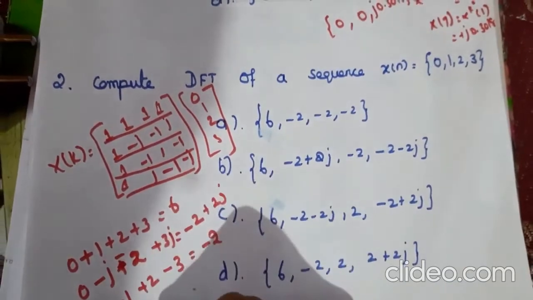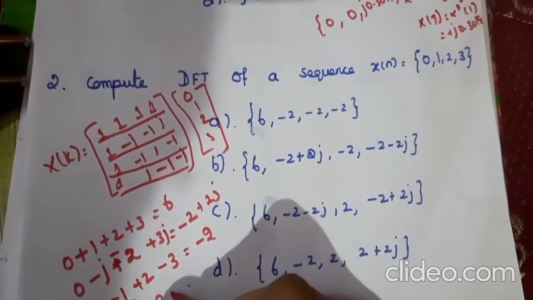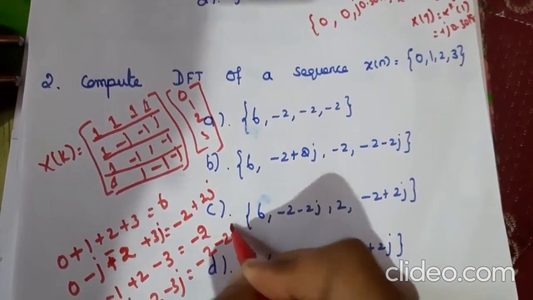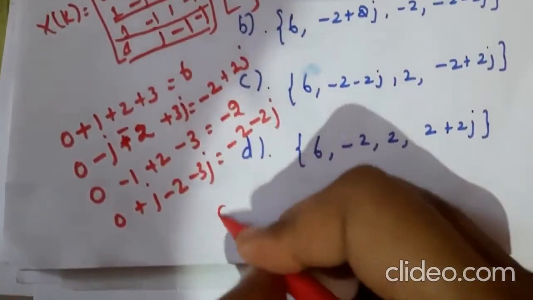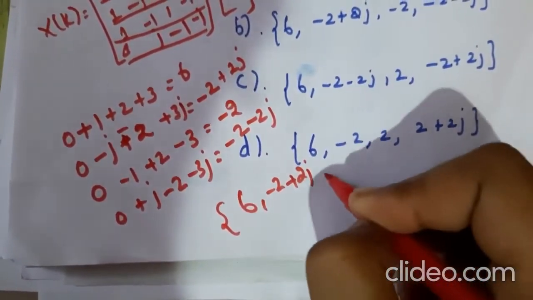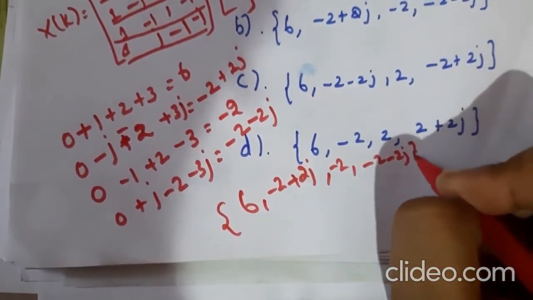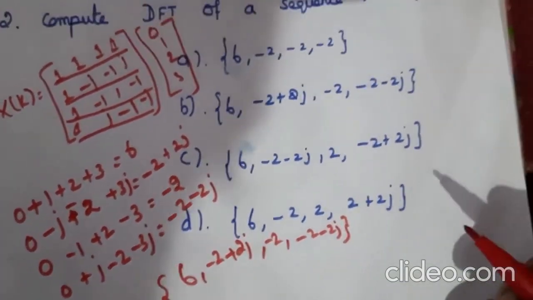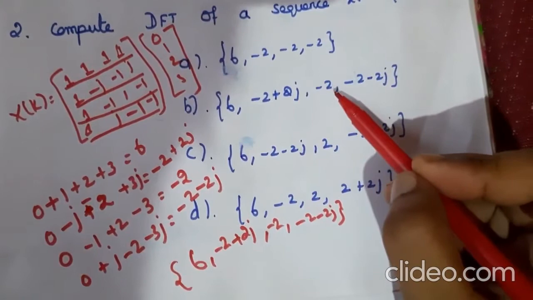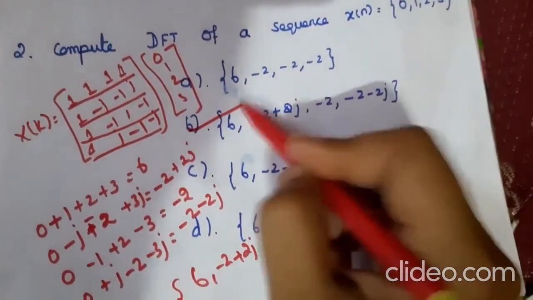Final value: 0 plus j minus 2 minus 3j, so the answer is minus 2 minus 2j. So the sequence is 6, minus 2 plus 2j, minus 2, minus 2 minus 2j. So here the answer is B.